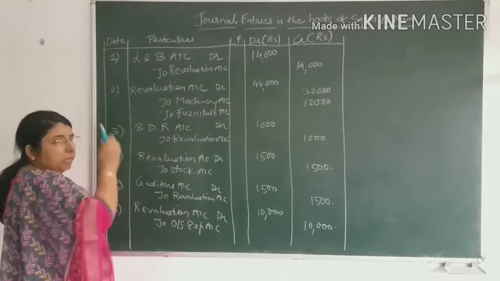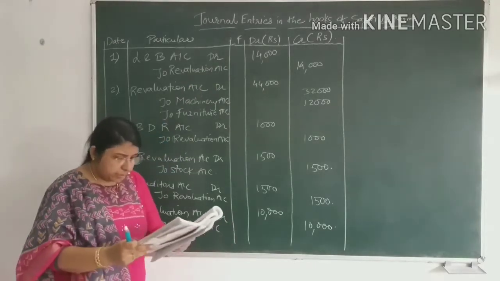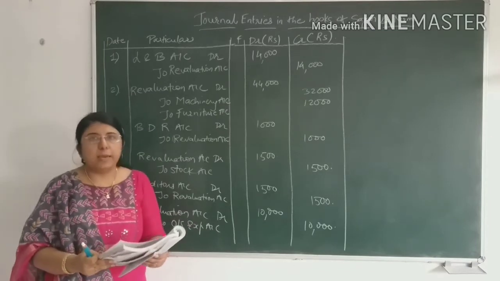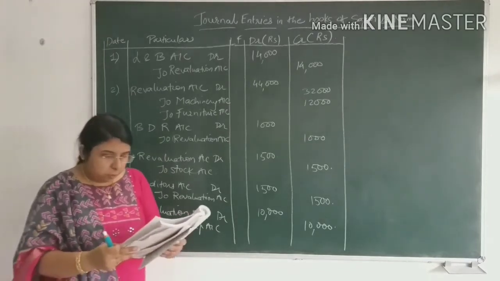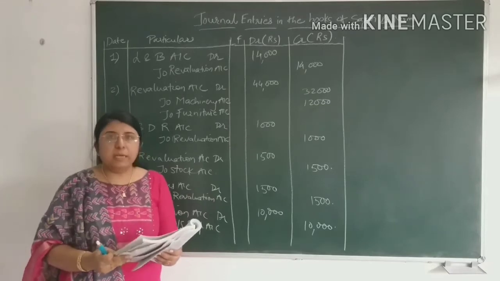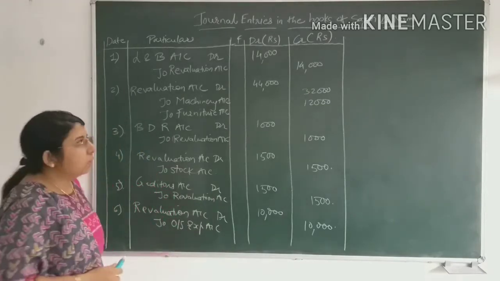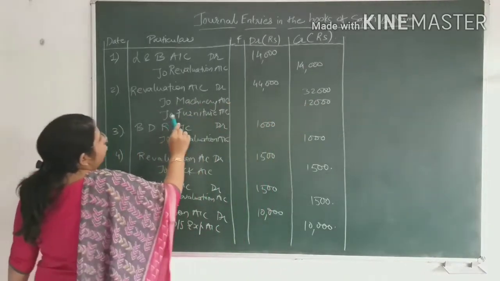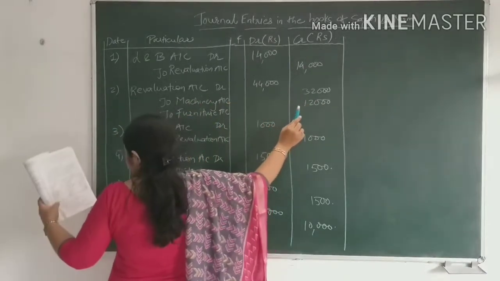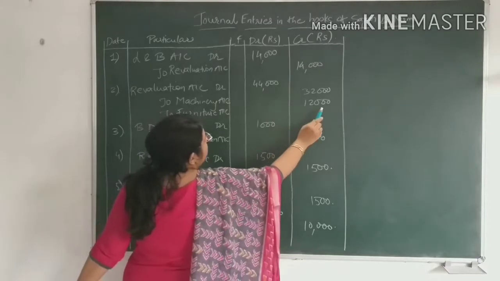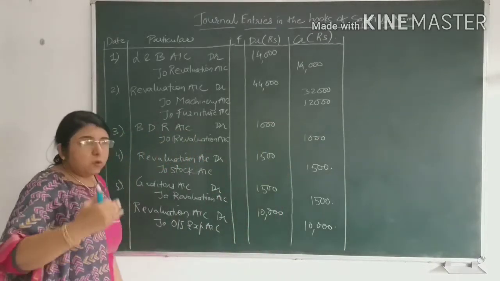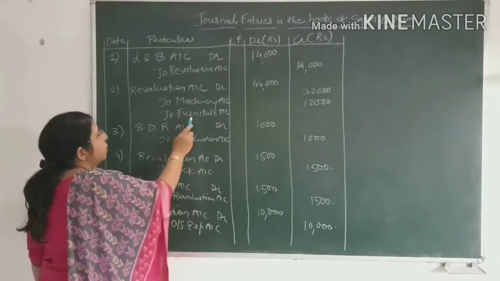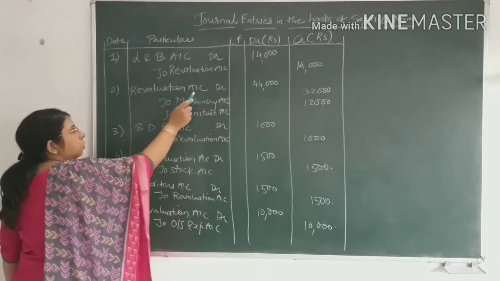assets value is increasing. Now the second adjustment, the value of machinery and furniture is to be reduced by 40%. What is the value of machinery? That is rupees 80,000. 40% of 80,000, that would come to rupees 32,000. And 40% of 30,000, that would come to 12,000. So because of the decrease in the value of two assets, that is machinery and furniture, loss will occur to the firm.